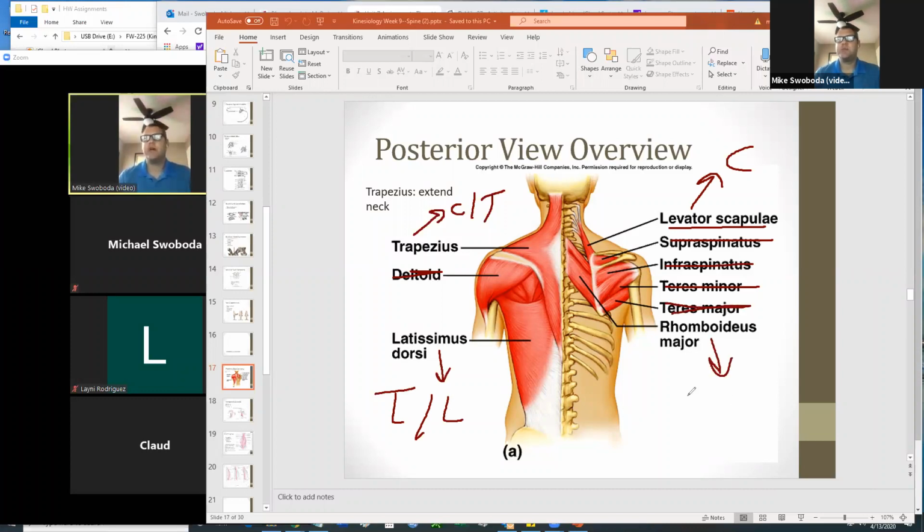Rhomboids are going to be primarily T, but a very little bit of C. So there's your big muscles. If it is crossed out, you do not need to know it.